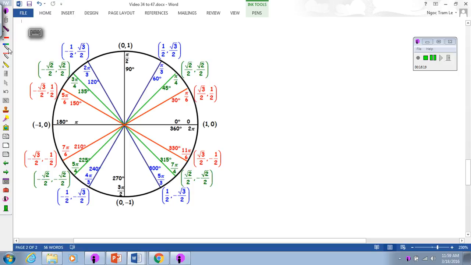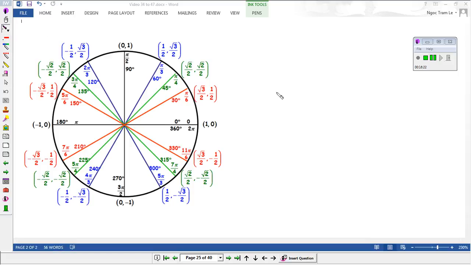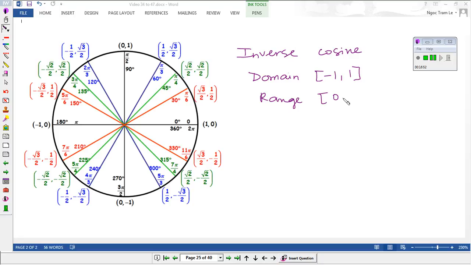So let's look at the unit circle again, and we want to find the inverse cosine. Make sure we make a note that the domain will go from -1 to 1.